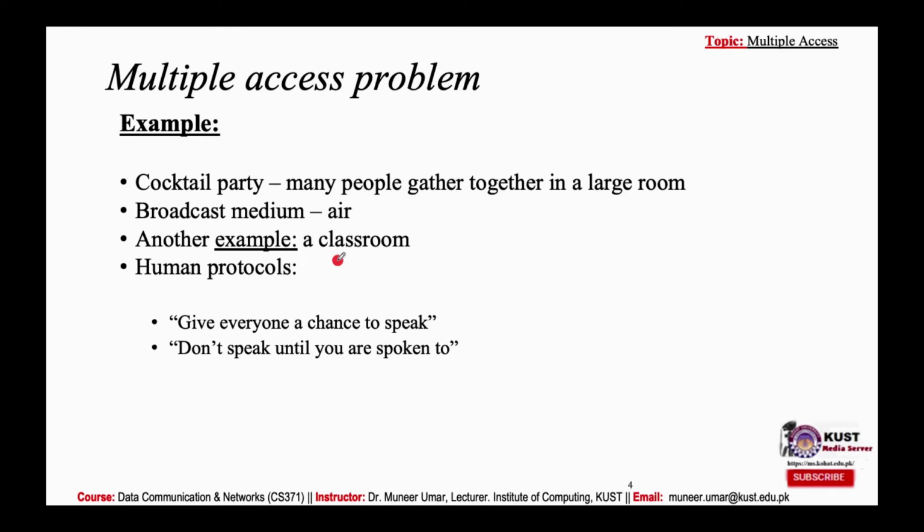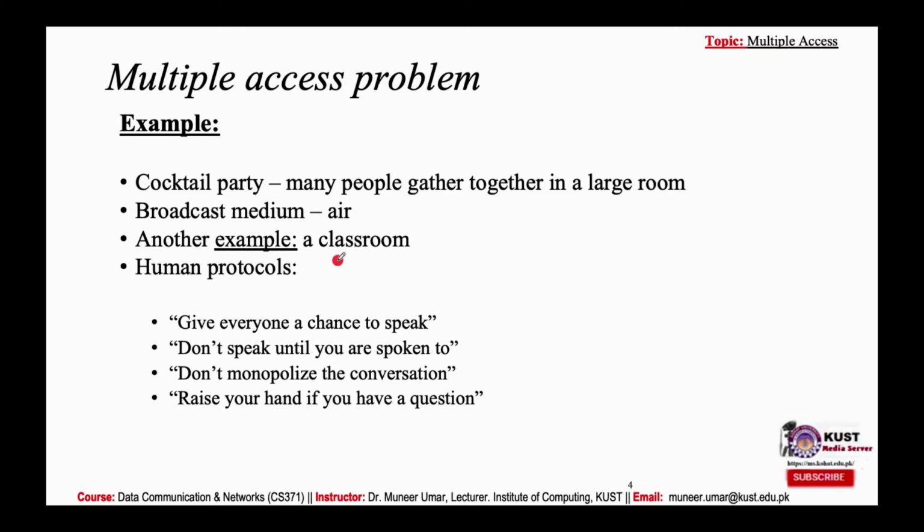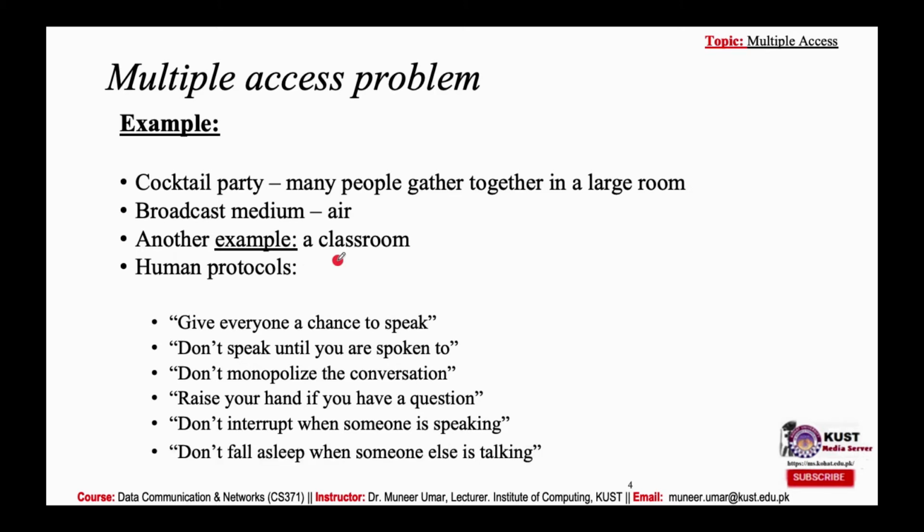Second, don't speak until you are spoken to. Don't monopolize the conversation. Raise your hand if you have a question. Don't interrupt when someone is speaking. And don't fall asleep when someone else is talking.